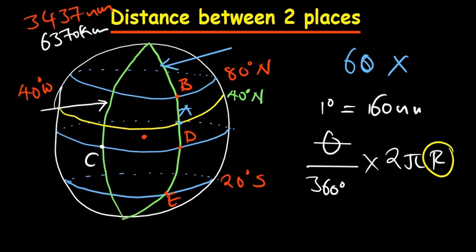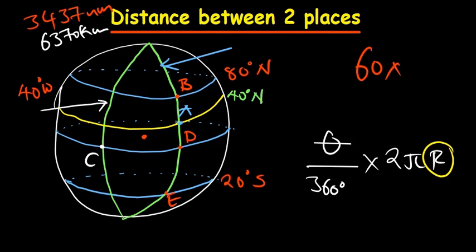So if you've got 100 degrees, it will be 100 times 60, and you get your answer in nautical miles. These are the two formulas: 60 multiplied by the degrees, or theta in other terms. Now, how you find this theta in these two cases is very significant for you to understand.